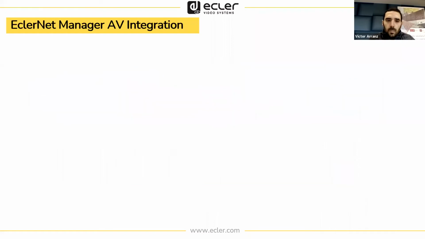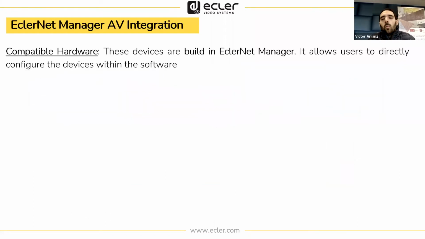When we talk about compatible hardware, what are we referring to? Compatible hardware are those devices that are natively built into EclerNet Manager, that have an actual model programmed in the software and that you can configure and set up directly in the software.